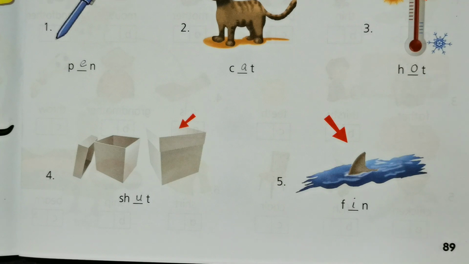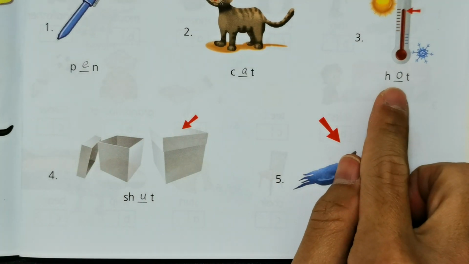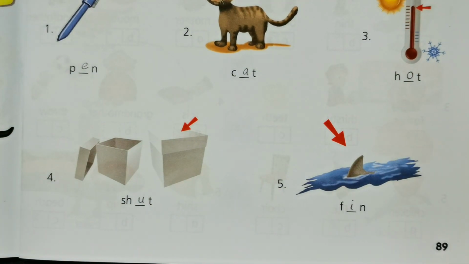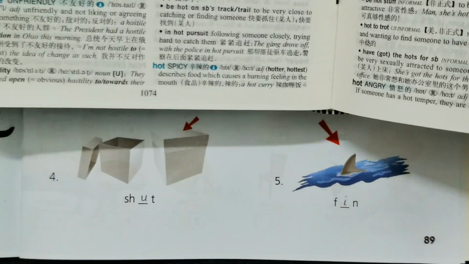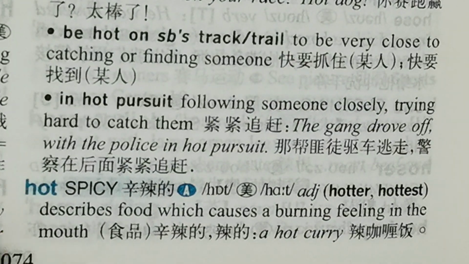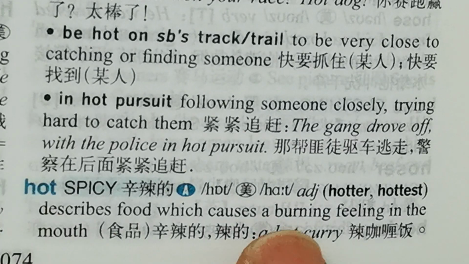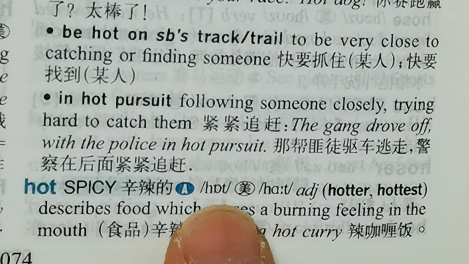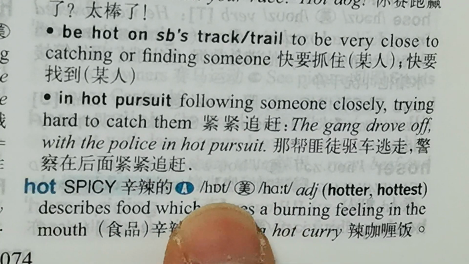So I give you an example. For example, this word here, hot. So in the dictionary, if you take a look here, this is a word in the dictionary, and then this is a pronunciation in British English.